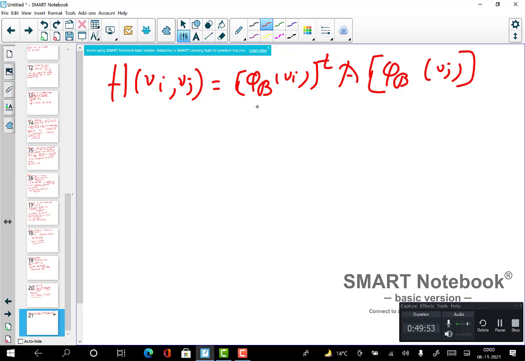But when you evaluate this map on basis vectors, basis goes to basis, the basis of Fn, which is the standard basis I am taking.